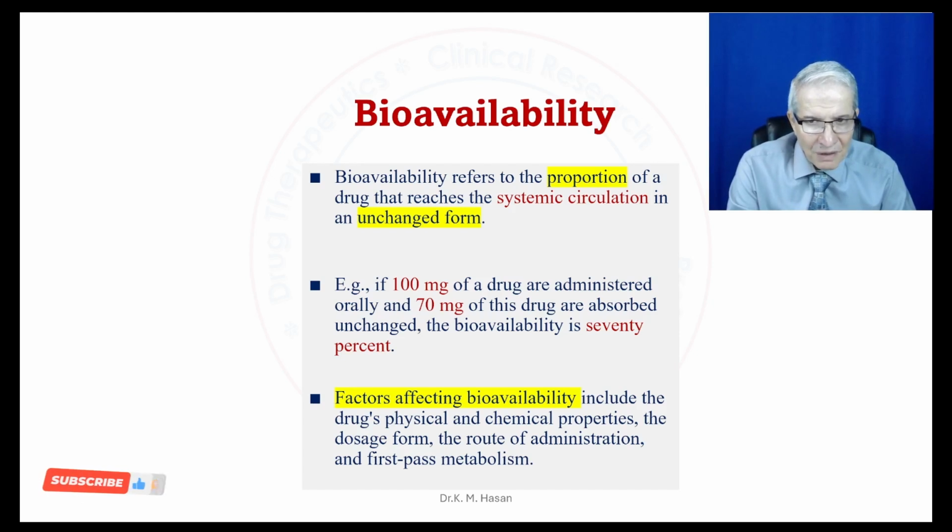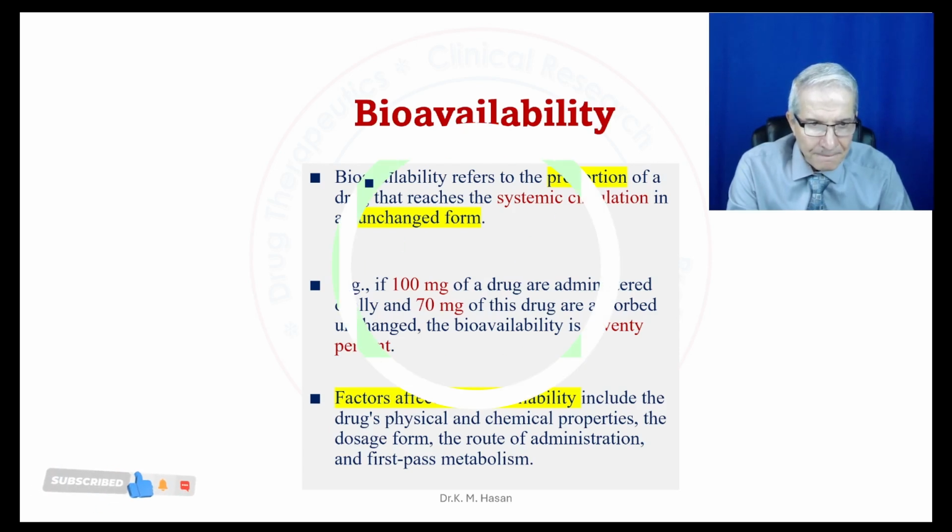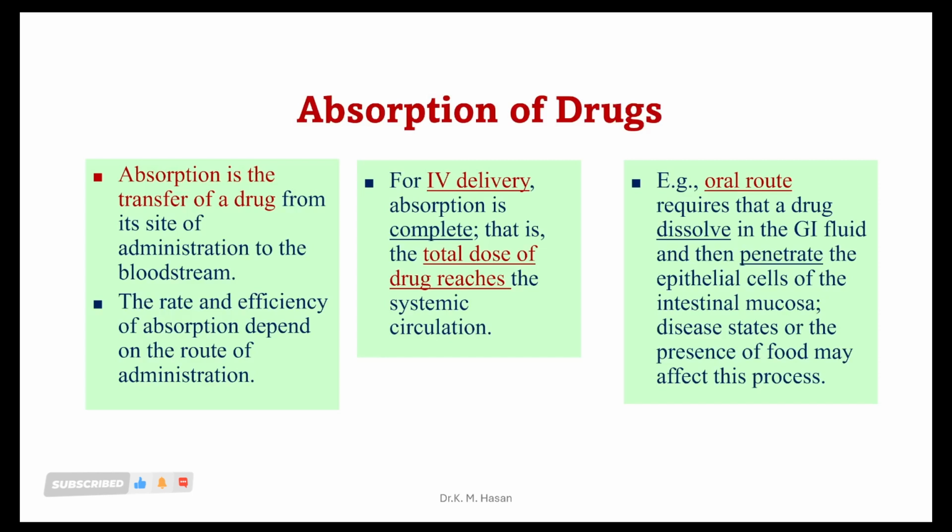However, we have some other factors. Some factors may affect bioavailability, such as drug physical and chemical properties, dosage form, route of administration, and first pass metabolism. Okay, speaking about drug absorption, absorption is defined as the transfer of medication from the site of administration to the bloodstream.